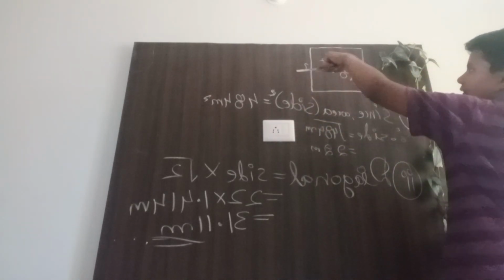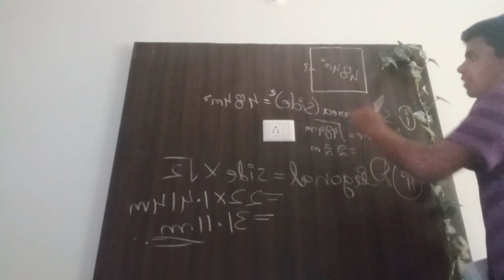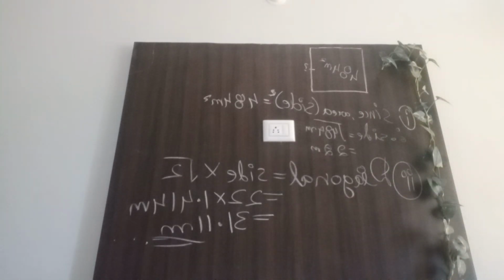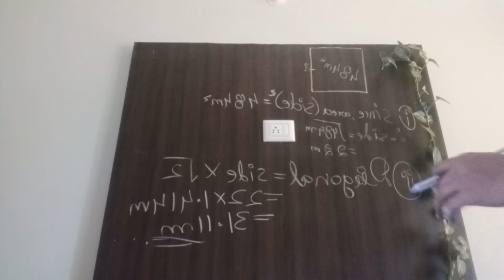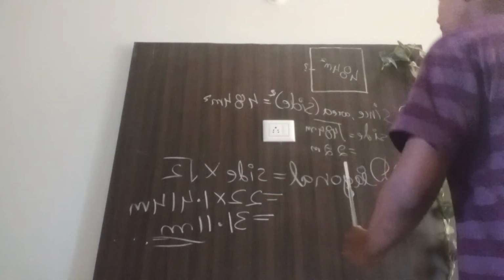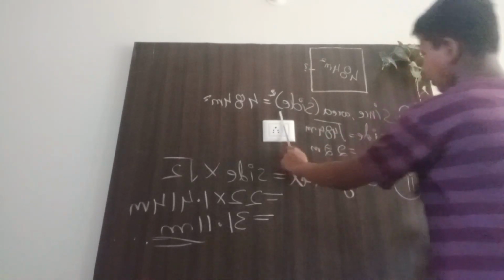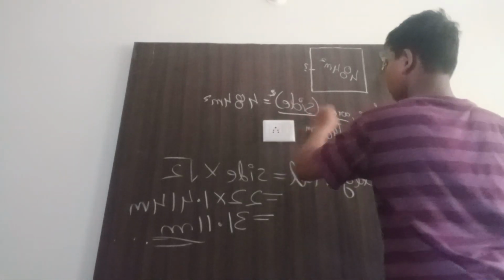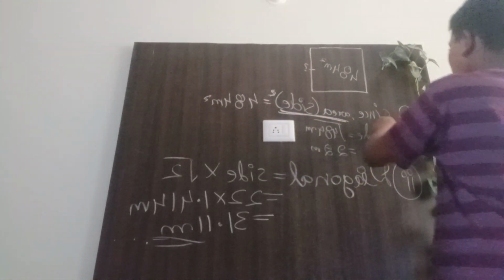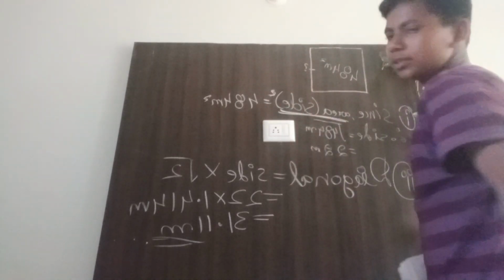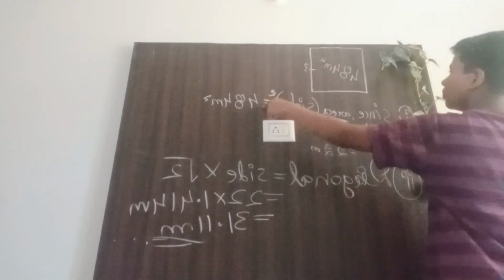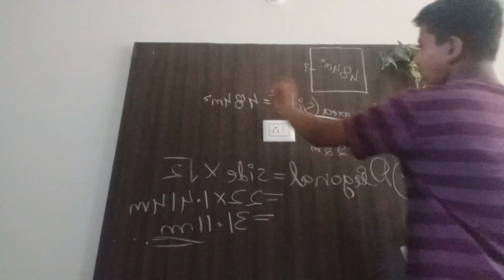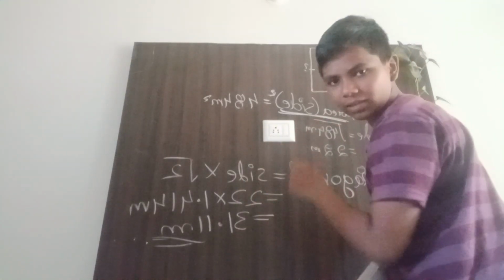What is the length of this? To find that, we'll apply the formula: area equals side whole square. Since area is side square, we go for 484 meters square, which is the area they have given.